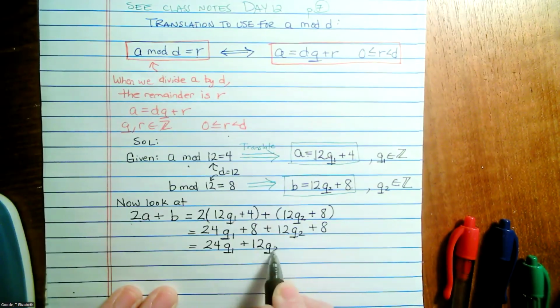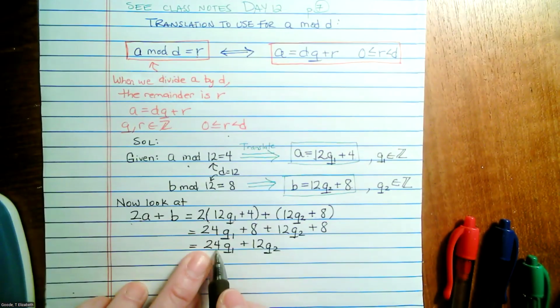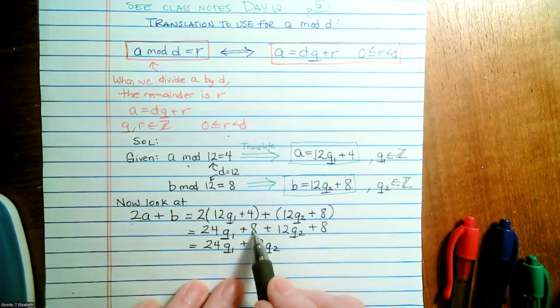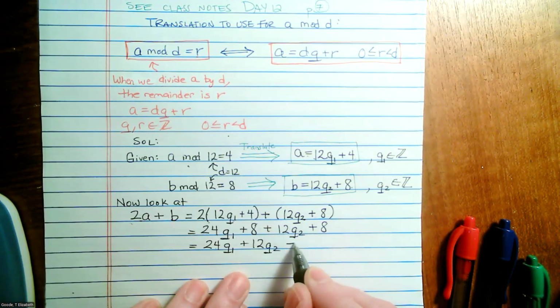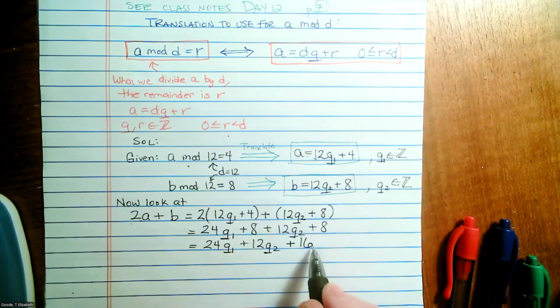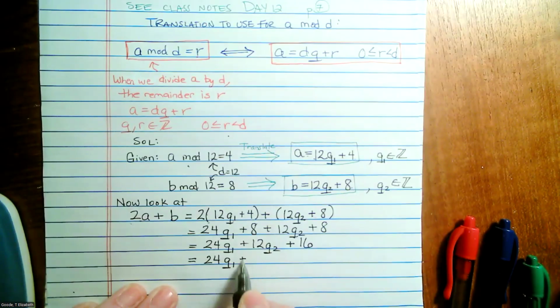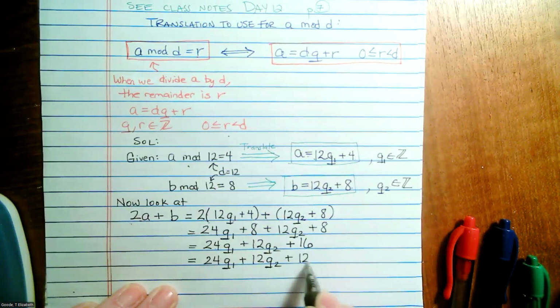There's a 12 in the 24, so we can factor out 12 there. But this plus 8, isn't that 16? Yes. But we want to pull as many copies of 12 out of 16 as we can. How many copies of 12 fit into 16? 1. And what's the remainder? 4.